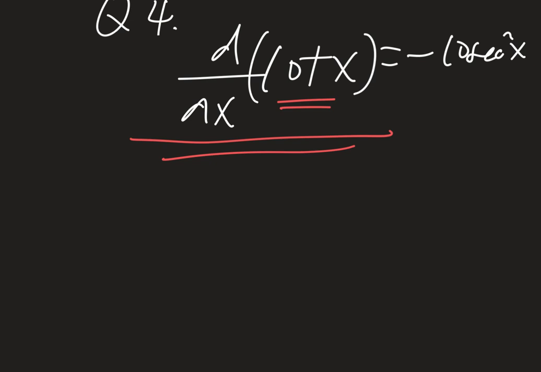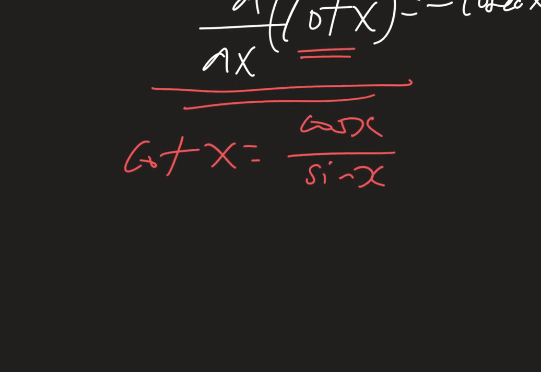So this cotangent x, we know that it is cosine x over sine x, correct? So what are the things you can use? You can use the quotient rule.